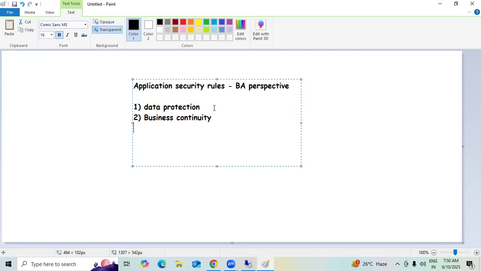As a BA, understanding how to mitigate the risk and ensure business continuity is crucial. This includes implementing disaster recovery plans and backup systems that are to be maintained.